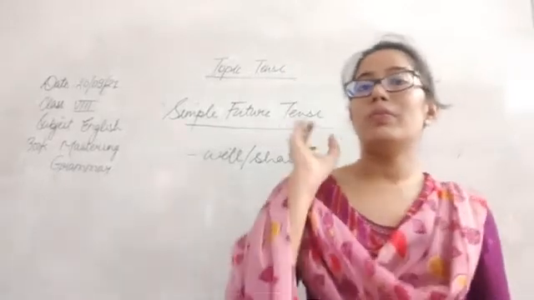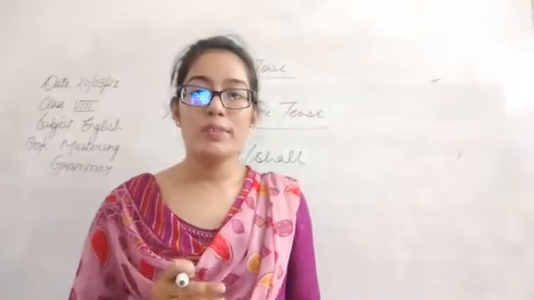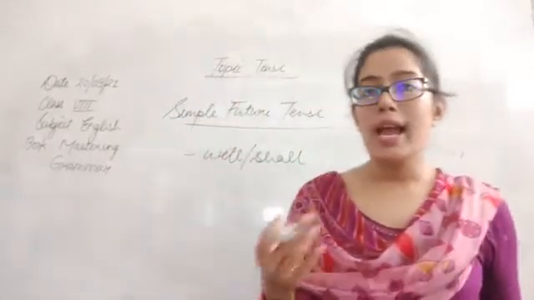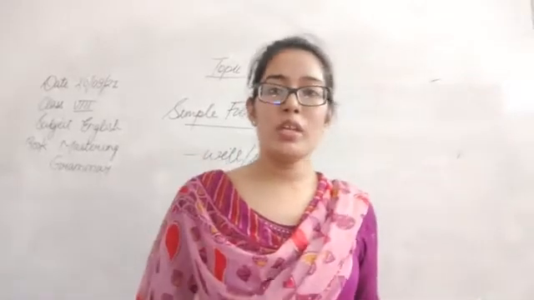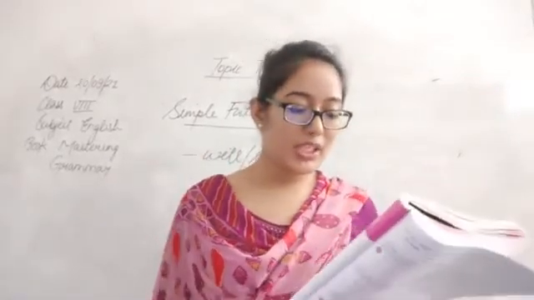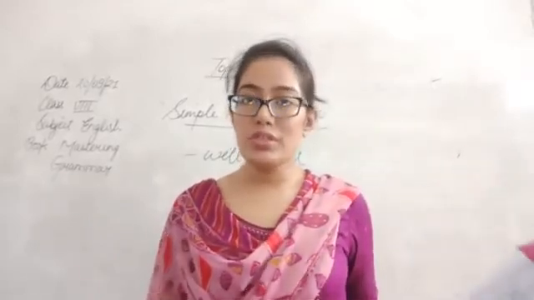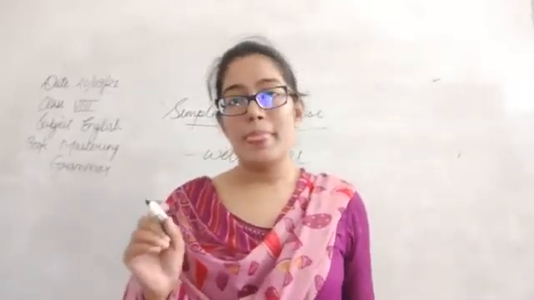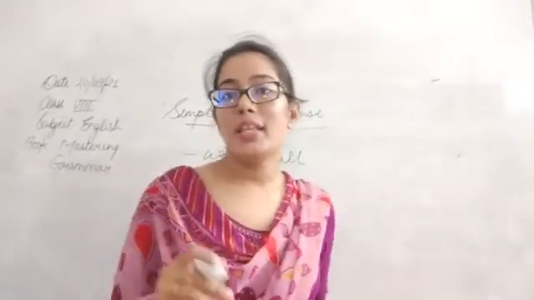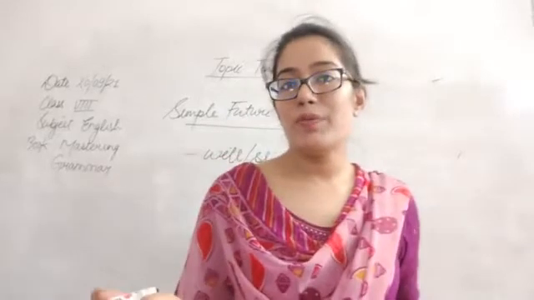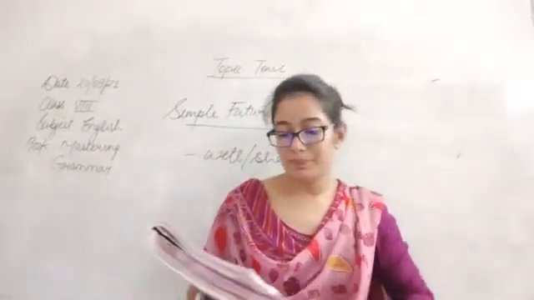Okay, going to shows a decision that was made earlier and is to be performed in the near future. For example, the teacher is going to distribute chocolate on the occasion of Children's Day. So this decision has been made, and this action has to be performed when Children's Day comes.